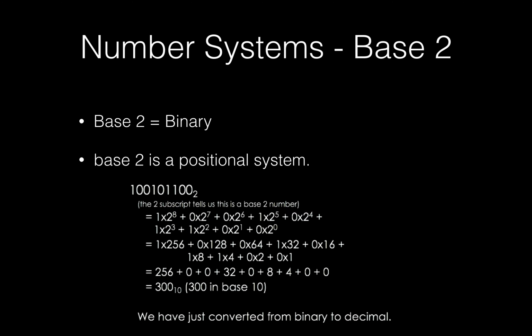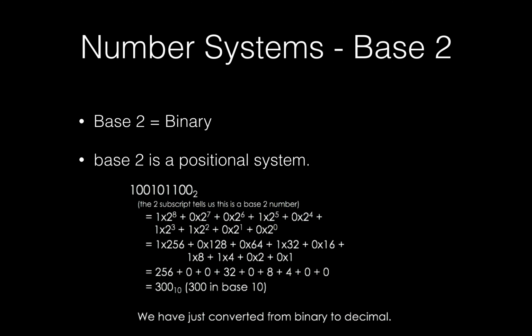A number system in base 2, which is binary, is pretty similar, but it's a base 2 positional system. So if you want to describe the number 100101100, you count the positions of the ones and calculate the value.